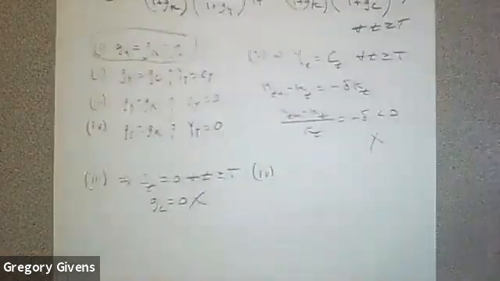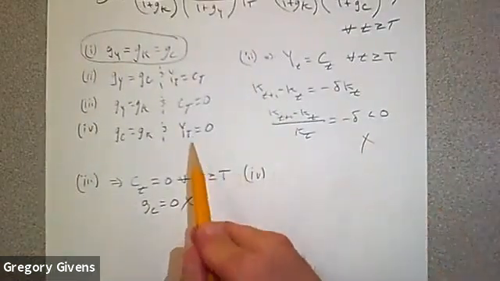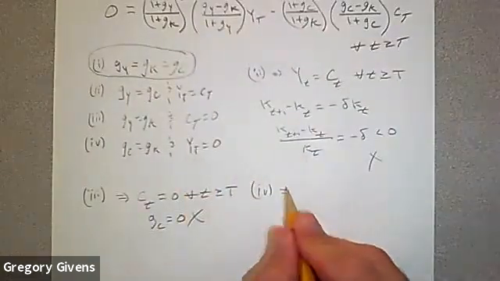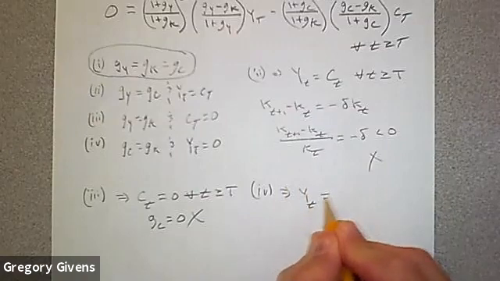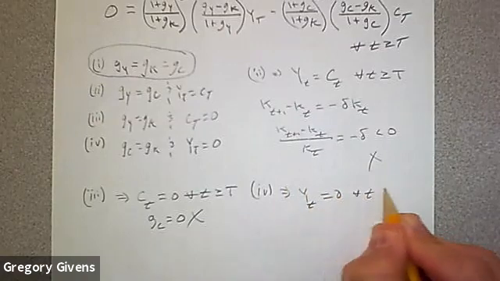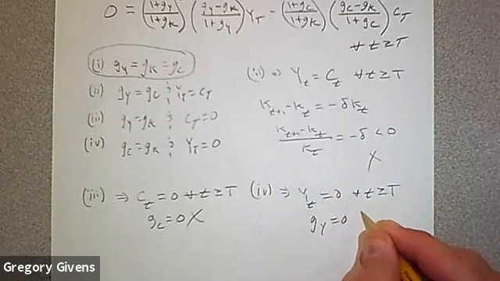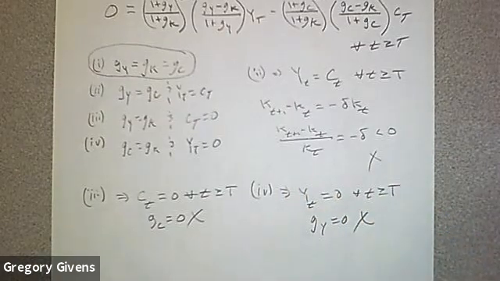Same with case 4. Case 4 has Y cap T equaling 0. Well, that would imply then that Yt is equal to 0 for all t bigger than or equal to cap T, which would imply that the growth rate of output is 0. That's also inconsistent with our assumption.